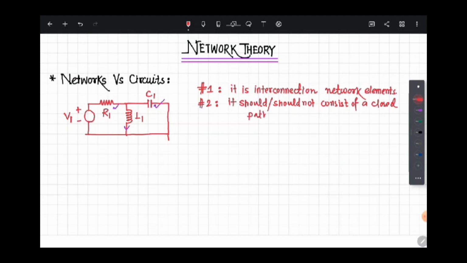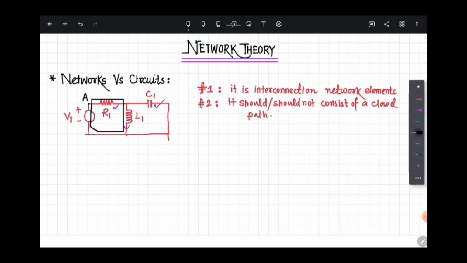So what is a closed path? Let's say this is point A or node, as we will learn later. If we start from this node and we traverse through the circuit and we are able to come back to the same node, then this is referred to as a closed path. So for our example, if we traverse like this and we come back to node A, this is a closed path.